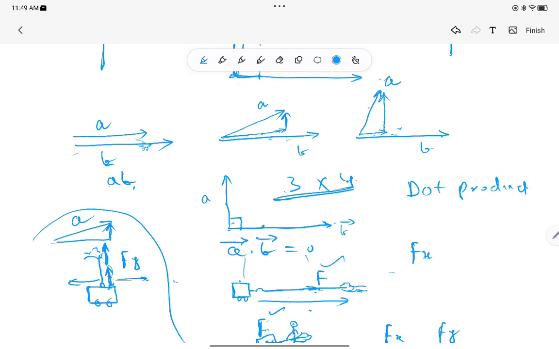But this is enough for us now. Till that time, we denote the dot product by A dot B, and write A dot B is equal to AB. Simply, this means that if you have two vectors, the dot product is simply their product, provided the vectors are fully parallel. Dot product is zero, provided vectors are perpendicular.